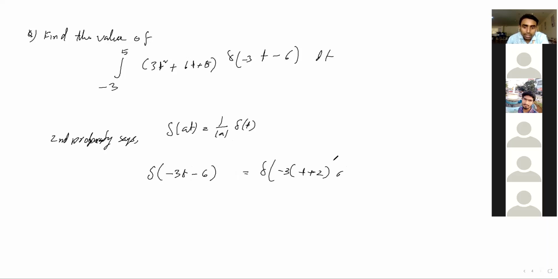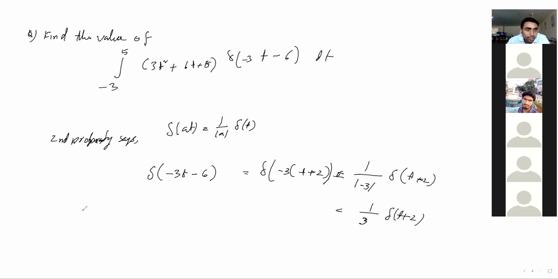So we take −3 common from this function, and according to the property it gives 1 by mod of −3 times δ(t + 2). Mod gives positive values only, so it simplifies to 1 by 3 δ(t + 2).